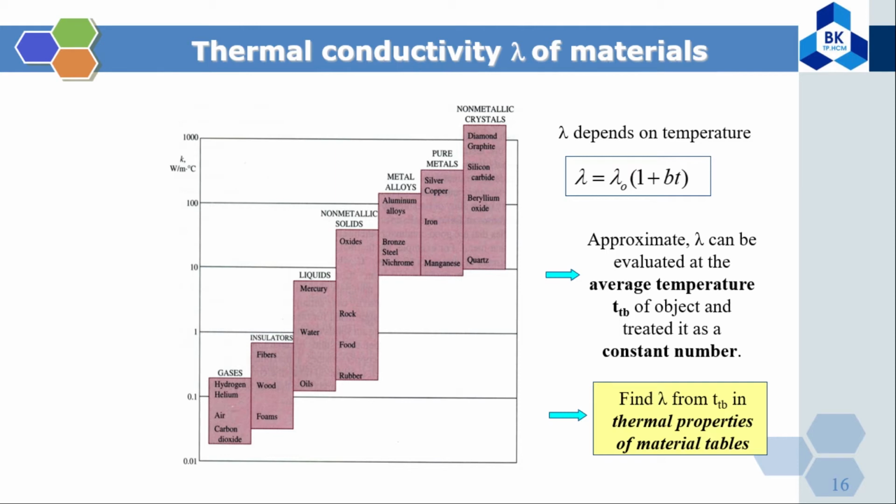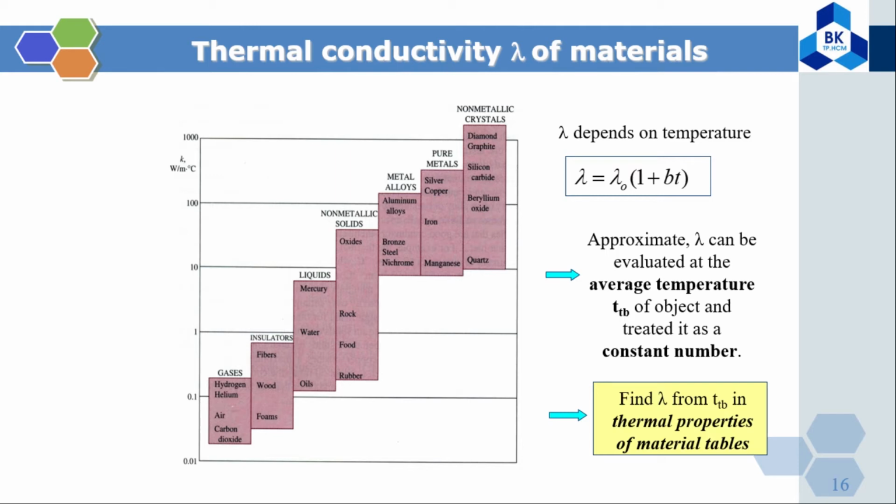Looking at this scale, for non-metallic crystals like diamond and graphite, the thermal conductivity is about 1,000 watt per meter per degree, whereas for gases it is only from 0.1 to 0.01 watt per meter per degree.